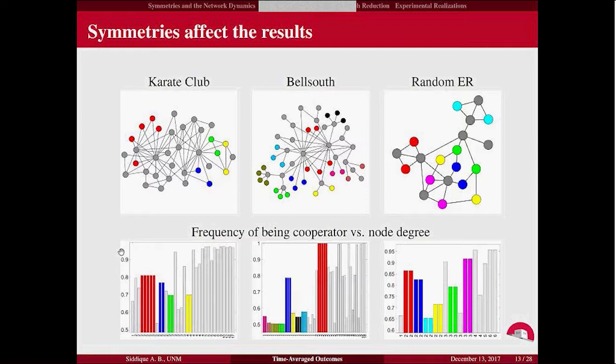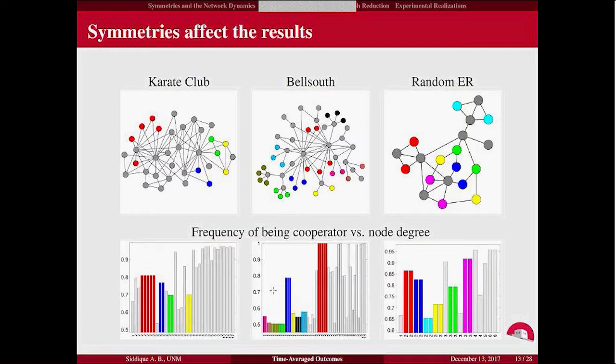We plotted the frequency of being a cooperator, that means how frequently a node remains in the cooperator state over the time-averaged dynamics. We can see that these red nodes are from a cluster, and they show similar time-average outcomes. We see this for all the nodes.